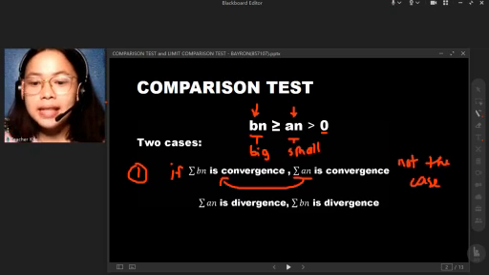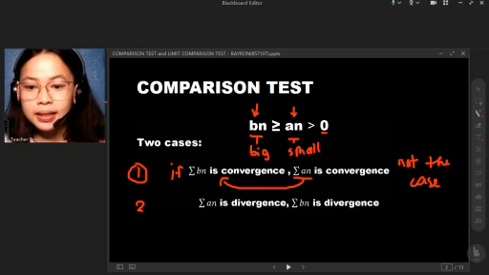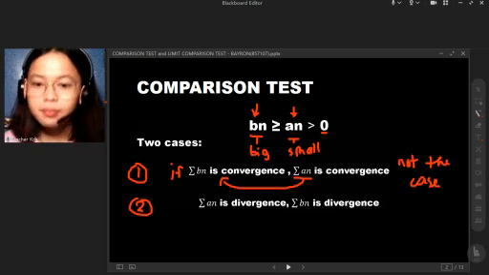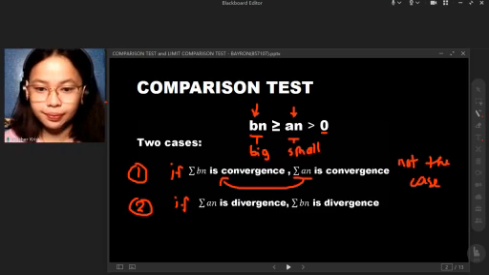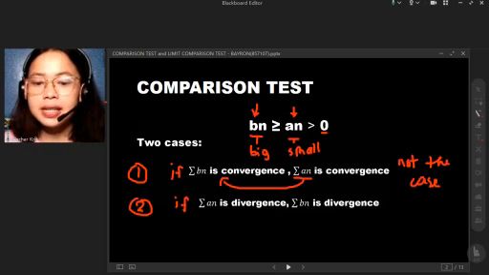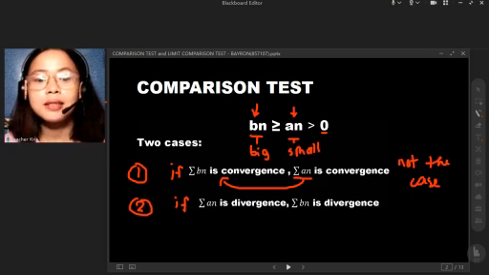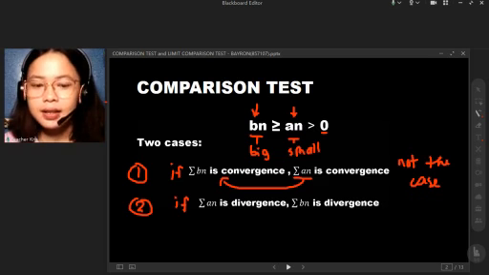Now, let's have the second case. If the series of the small sequence is divergent, then the series of the big sequence is divergent also.